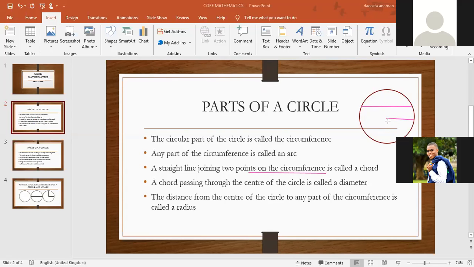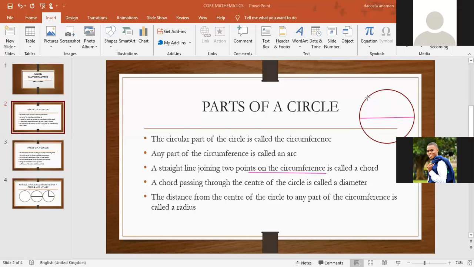That is the chord. Now, after that, we would like to talk about the diameter. A diameter is a chord that passes through the center of the circle. So if the chord passes through the center of the circle, it is called what? A diameter. As you can see, this chord is moving from one side of the circle to another side, but it is passing through the center of the circle.